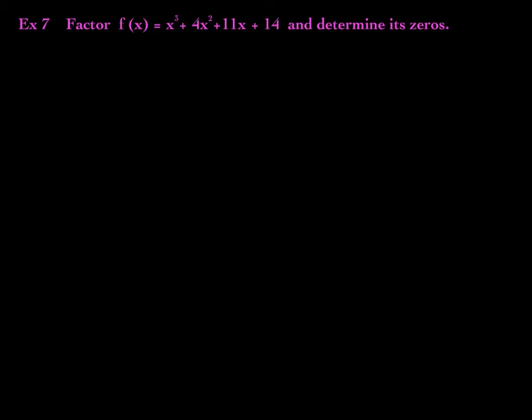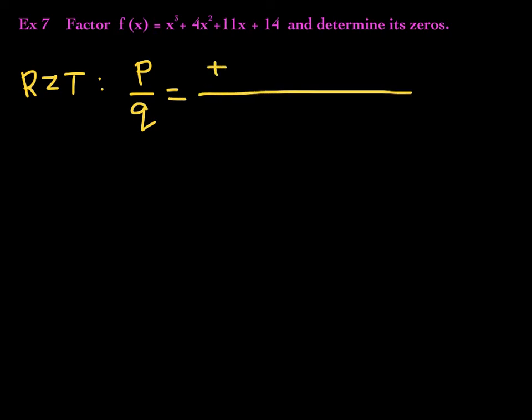Check out this new example. Example 7: factor this function, a cubic polynomial function, and determine its zeros. All right, to get us started, we're going to use the rational zeros theorem. For short, sometimes I do RZT for rational zeros theorem. Remember that it tells you that if this function has any rational zeros, they'll be of the form P over Q. Don't forget that P represents the factors of the constant, which is 14.